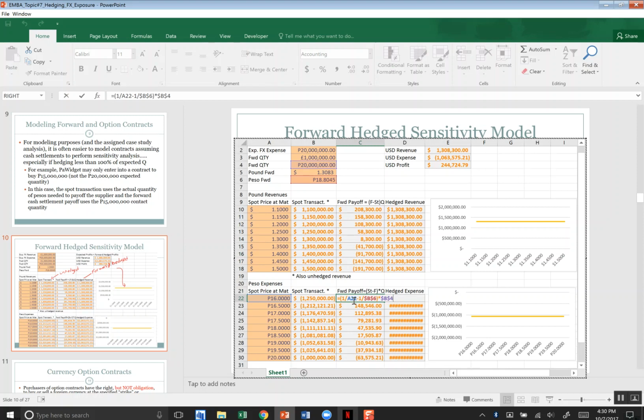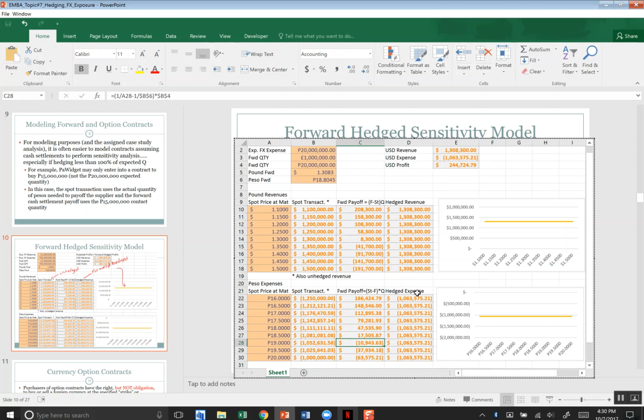I flipped them all to be dollar per peso, times 20 million pesos, and you pay, or you get paid, or you pay. But in the end, it doesn't matter. As long as they're based on 20 million pesos, you'll pay exactly 1.6 million, which means your profit will always be $244,000.